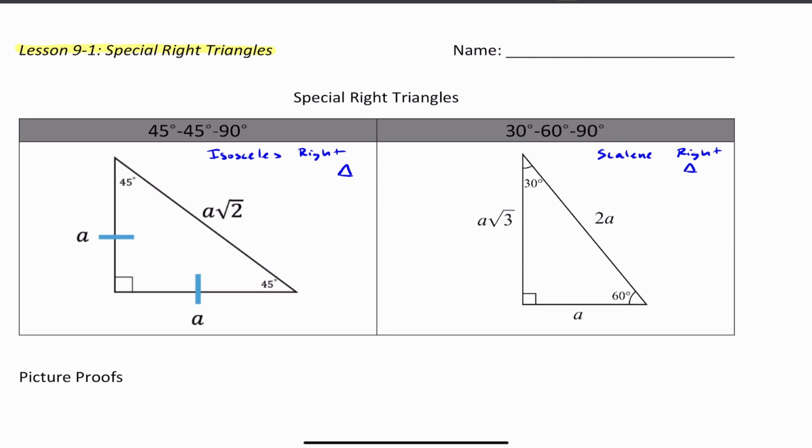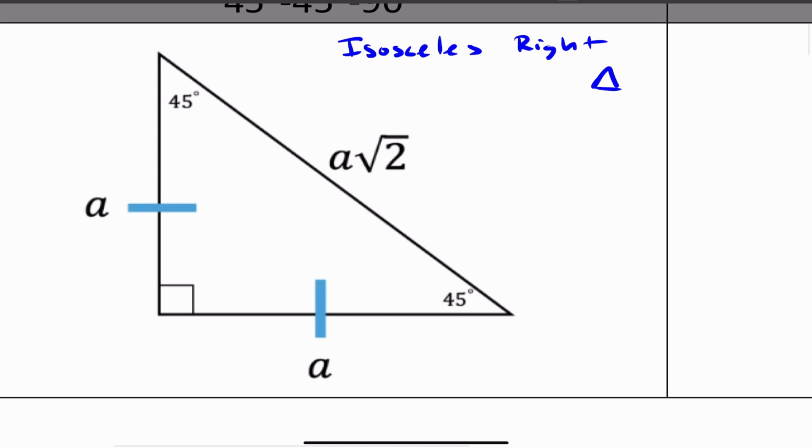Now, what's so special about these triangles? They're called special right triangles because if we know it's a 30, 60, 90 or a 45, 45, 90, this will help us calculate sides a lot easier because we have these formulas given to us. With a 45, 45, 90, the legs are A and A, but across from the 90-degree angle, the hypotenuse is A root 2.